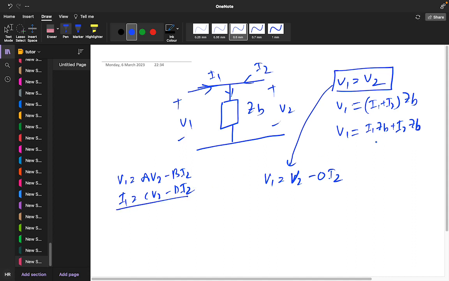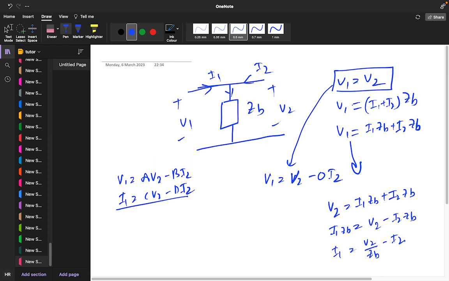Because V1 is equal to V2, we can write V2 as I1 ZB plus I2 ZB. So in terms of I1, I1 ZB is equal to V2 minus I2 ZB. Divide this side and you will get I1 is equal to V2 by ZB minus I2. You got this equation.